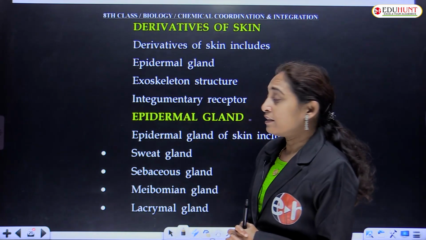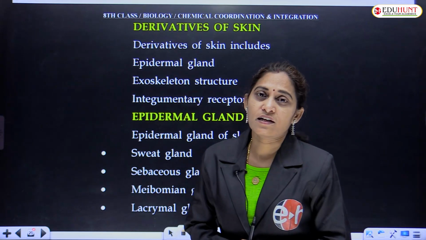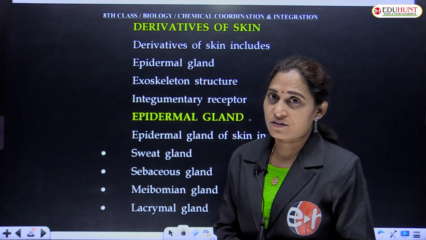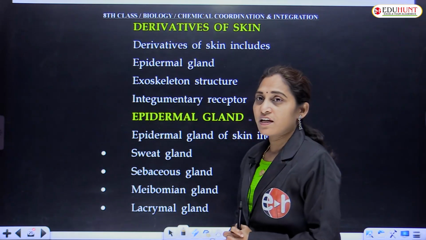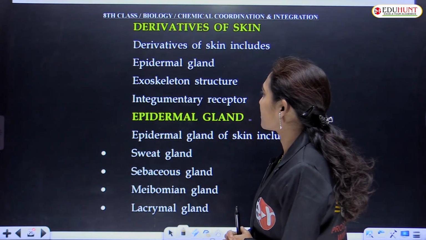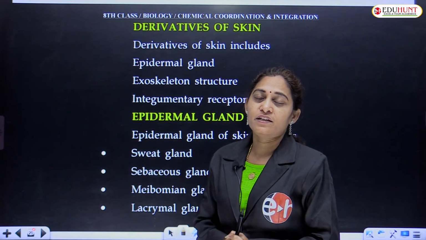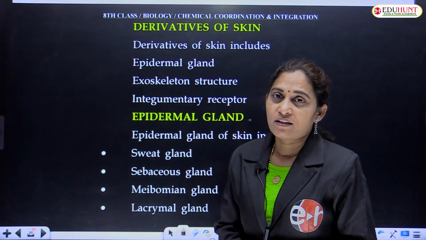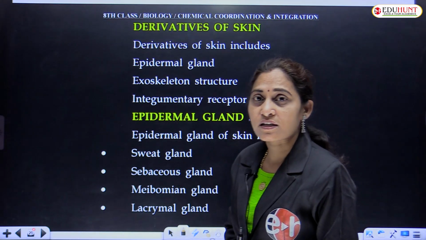The integumentary system consists of the skin and its secretions, derivatives. The derivatives include various glands. These are called epidermal glands. These epidermal glands are of several types, which will be discussed later.